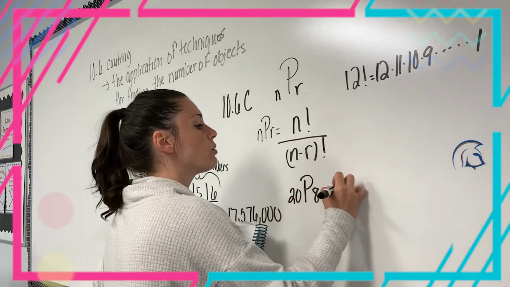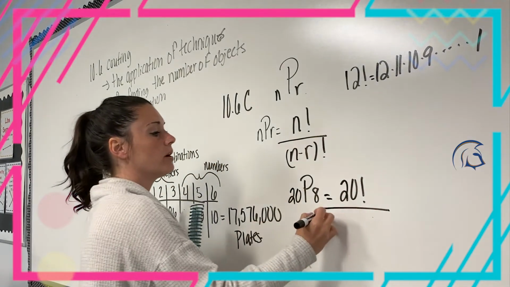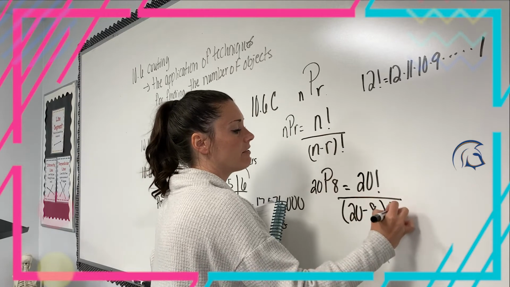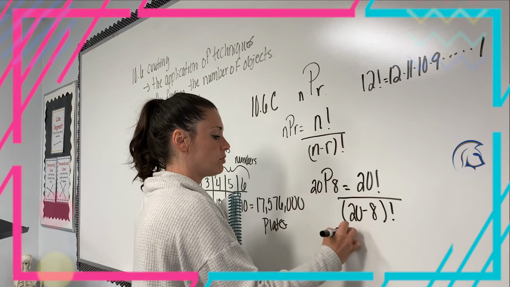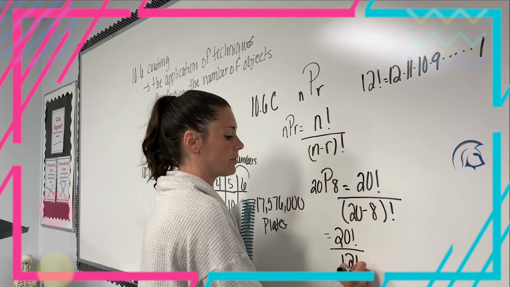So n is 20, so 20 factorial over parentheses 20 minus 8 factorial. When you solve that down, it's going to be 20 factorial over 12 factorial.